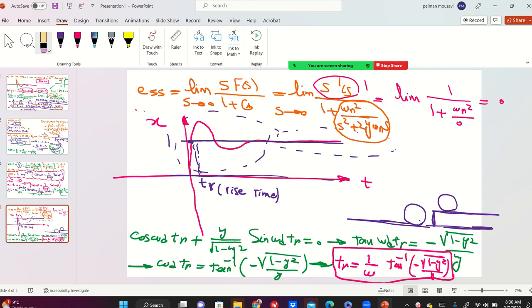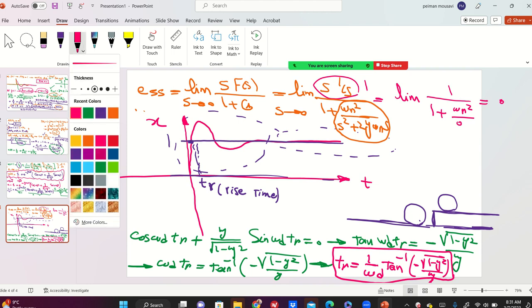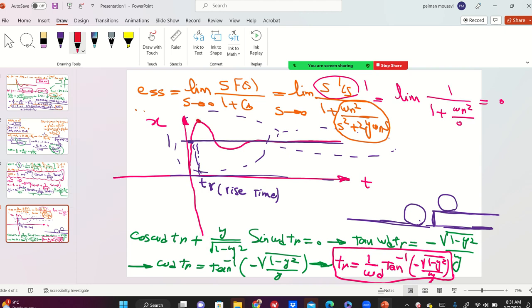So let me delete this. Another parameter that you can see here is the peak or overshoot.